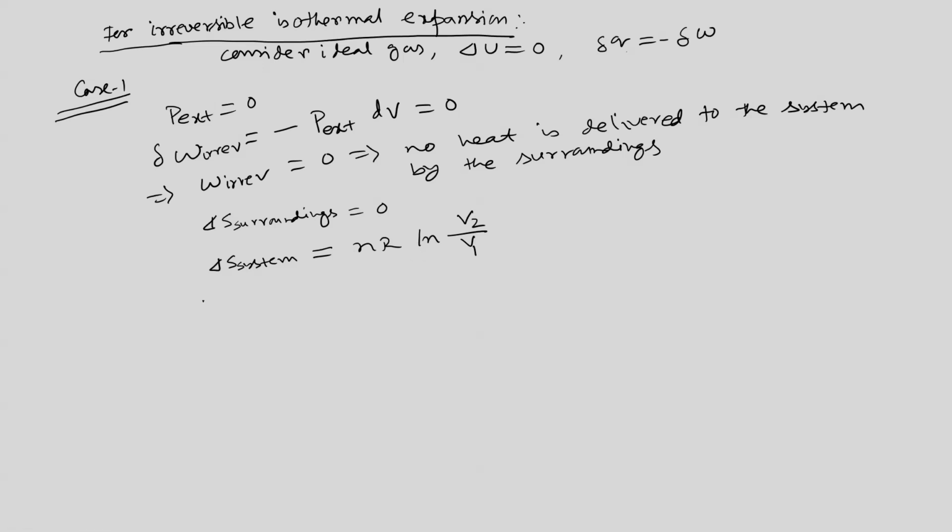So delta S total, which is the same as delta S system since surroundings is 0, is nR ln V2 by V1. This is greater than 0 for an expansion process.